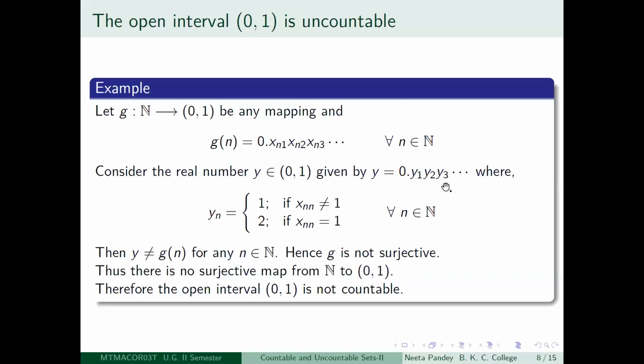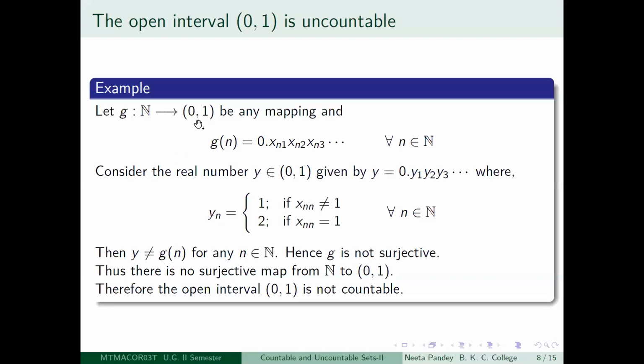This is clearly a real number sitting between 0 and 1. There is no problem with that. These digits are all either 1 or 2, so this is a well-defined real number, and it will not be equal to any of these numbers. So therefore, what can you say? That y is not in the image of G. What does that mean?